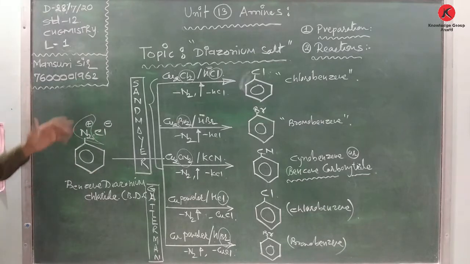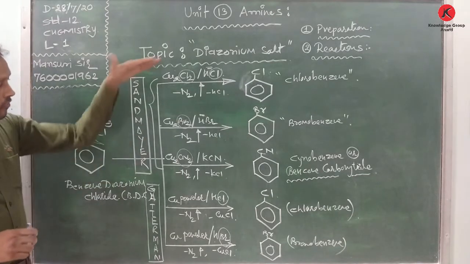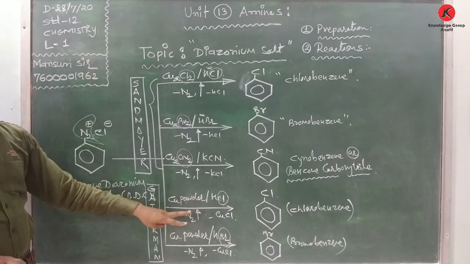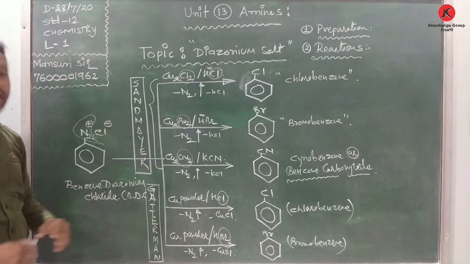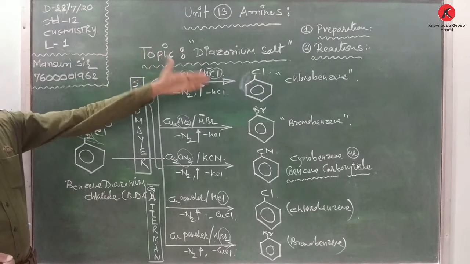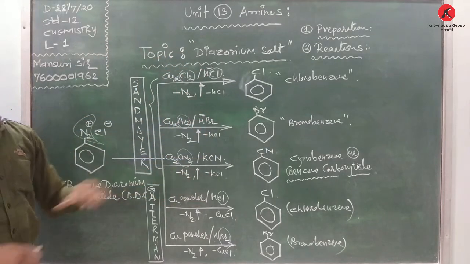So, what have we done? We have taken 5 reactions. The first 3 are involving Sandmeyer and the second 2 are involving Gattermann reactions. So, by these reactions we can obtain chlorobenzene, bromobenzene, cyanobenzene as well as chlorobenzene and bromobenzene.